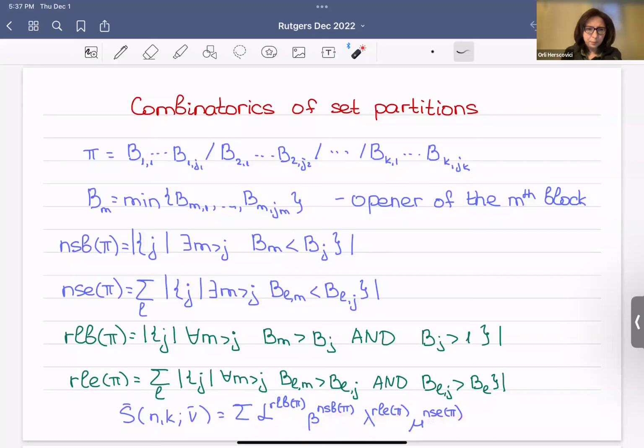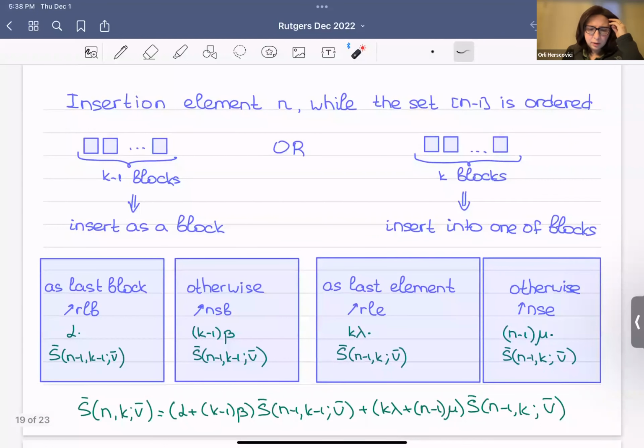Now let's consider what happens then. If we arrange the elements of the set [n] into k blocks, let's assume that we have already arranged the first n-1 elements. It can be done into k-1 or into k blocks. If the elements are already arranged into k-1 blocks, we have to add our element n as a separate block.